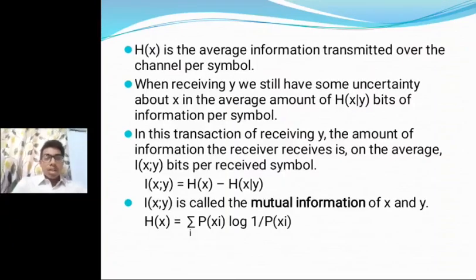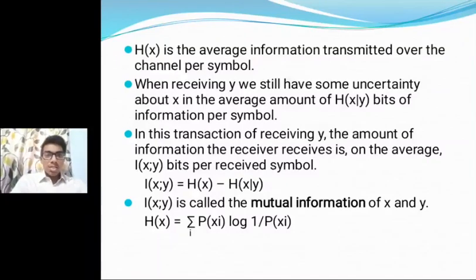Now here H(X) is the average information transmitted over the channel per symbol. It means if no noise is present, then H(X) is the average information. When receiving y, we still have some uncertainty about x, that is, some noise is present in our channel, and H(X/Y) is that uncertainty in bits per symbol.